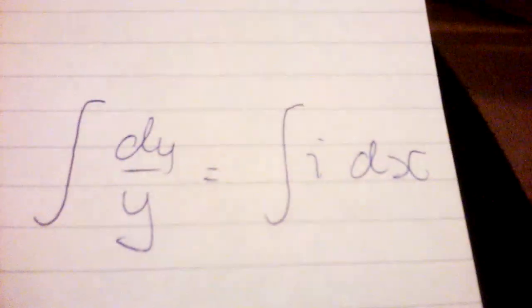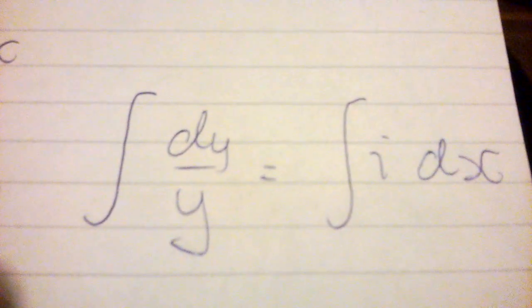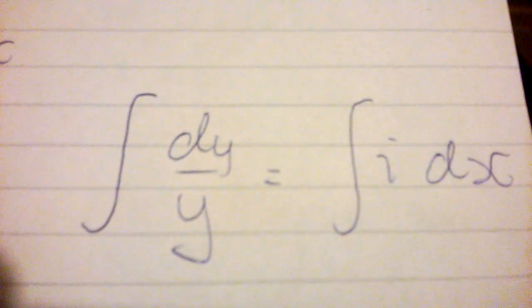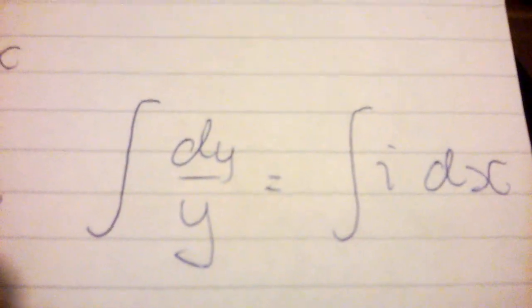So if you integrate both sides then, the integral of dy over y is equal to the integral of i dx. So if we integrate 1 over y, we just get the natural log of y.